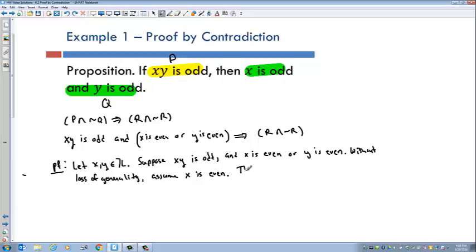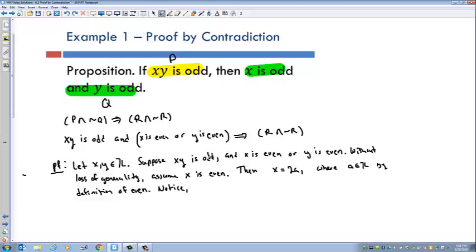Then what? Then we can say x is equal to 2 times a, where a is an integer, and this follows by definition of even. Now notice what you're going to see: if x is even and you multiply it by y, it's also going to be even.